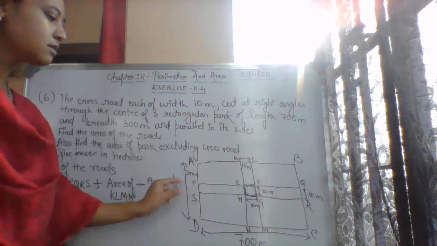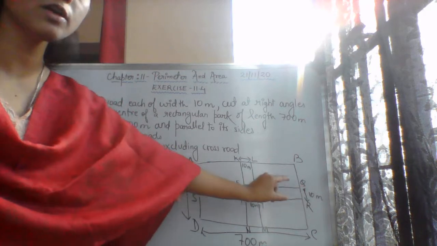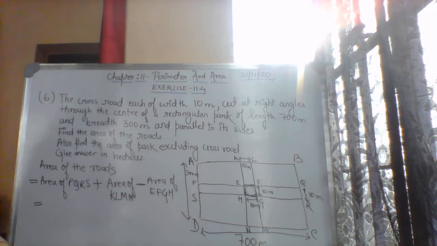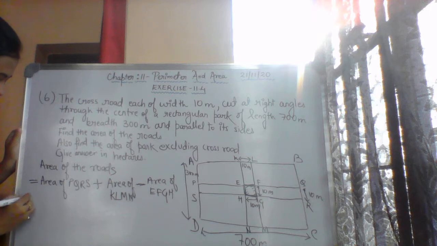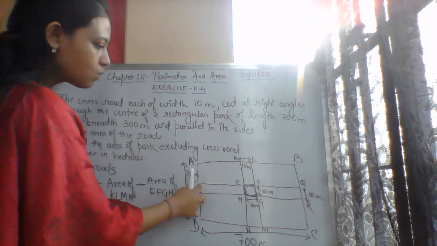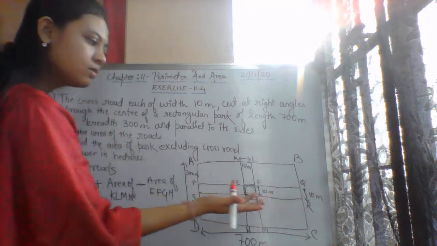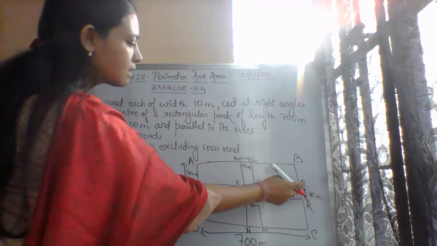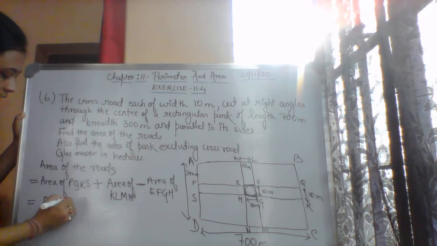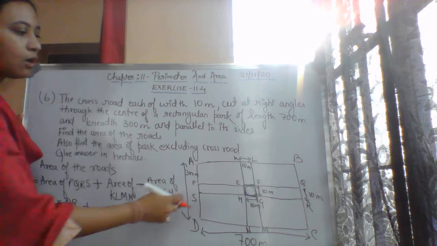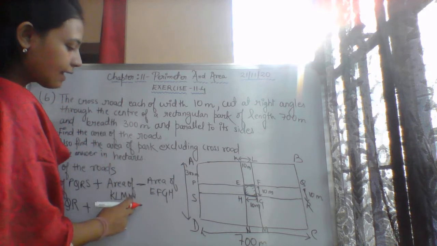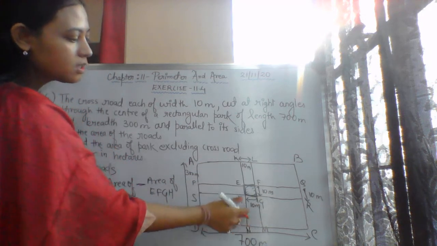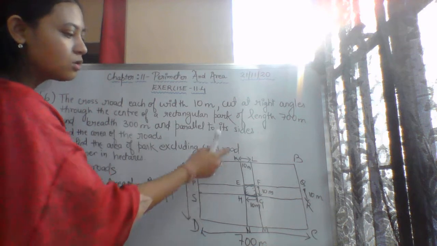Now you put the values. Area of PQRS, this is a rectangular road, will be length into breadth. You can write length as PQ, or SR also, so PQ into the breadth, QR. Plus, what is the area of KLMN, this road area? That is also rectangular in shape, so length into breadth.